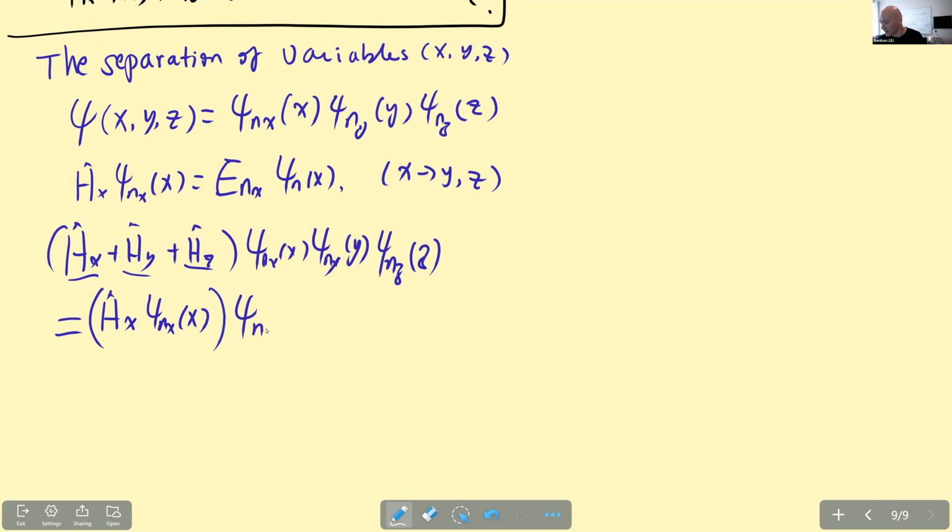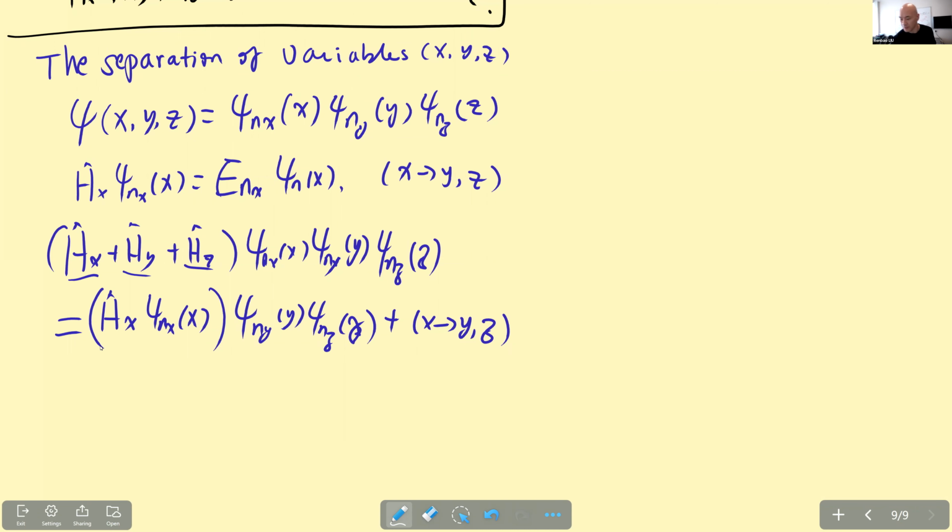Because the other 2 functions do not contain x, the Hamiltonian h_x only acts on the first wave function. And of course you add the other 2 terms, by changing x to y.